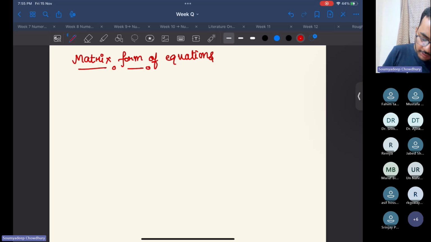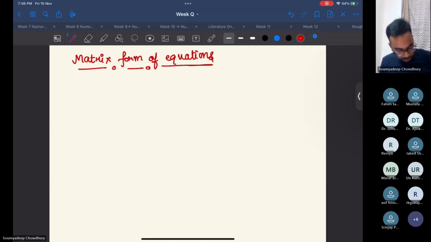So we will be looking into how to solve an equation using the matrix approach. Before we go into this, we need to understand a few things. So can you tell me what is the general equation of a straight line?